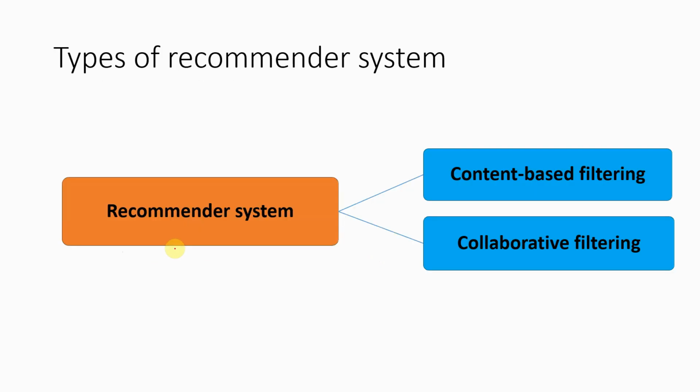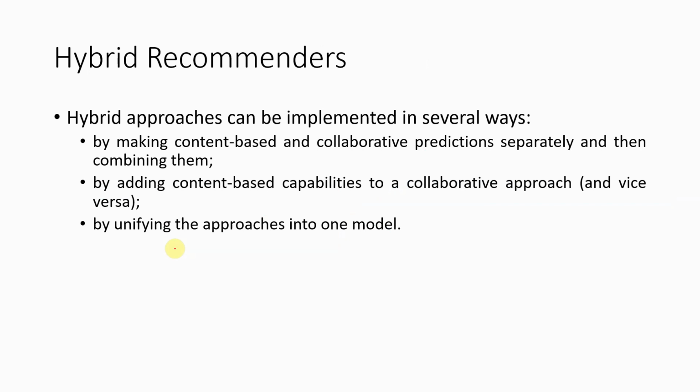Now, based on the working concept of the recommender system, it is mainly divided into two types. One is called content-based filtering and the other is called collaborative filtering. In this lecture we will see content-based filtering in an elaborate manner. The other type of recommender system is called hybrid recommenders.